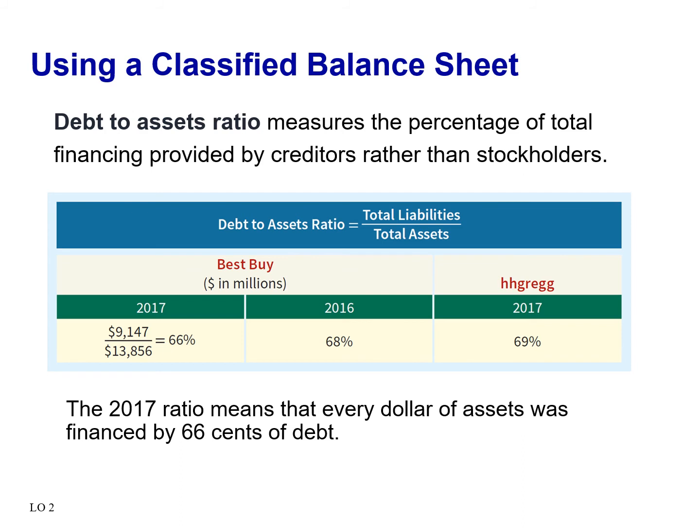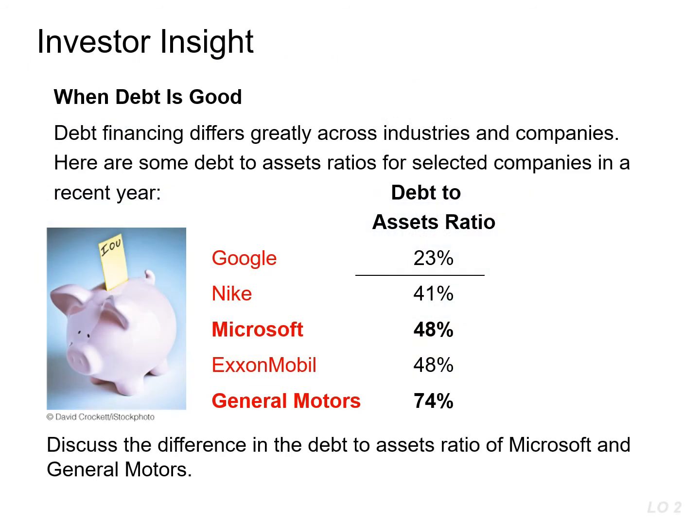The 2017 ratio of 66% means that every dollar of assets was financed by 66 cents of debt. Best Buy's ratio is similar to H.H. Gregg's ratio of 69%. Debt financing differs greatly across industries.